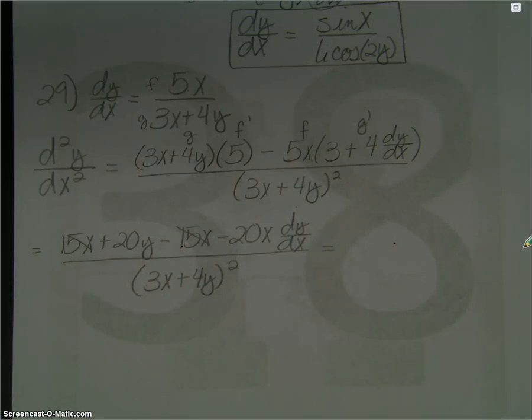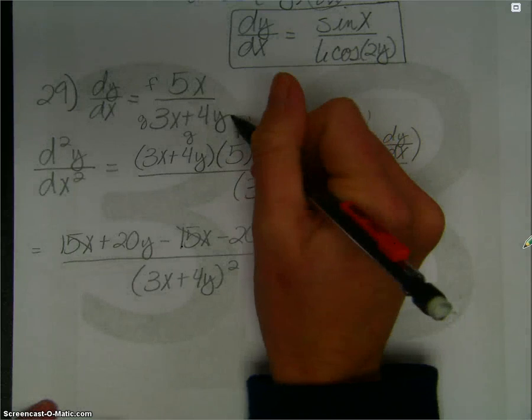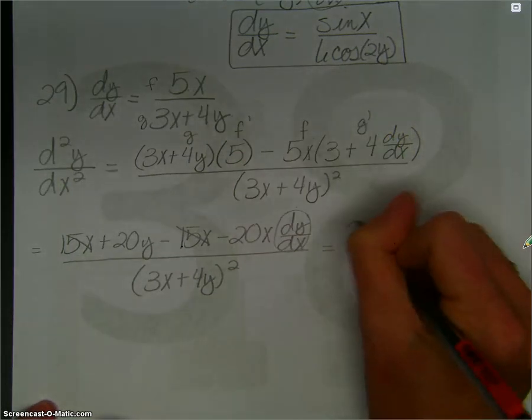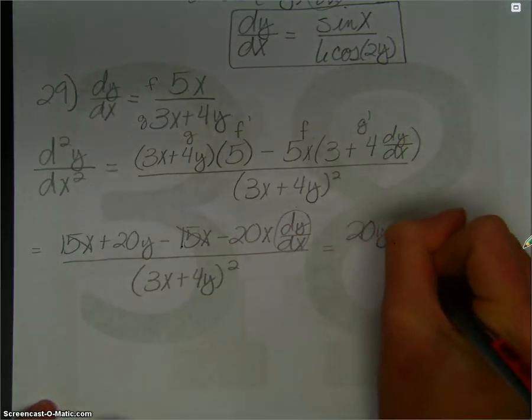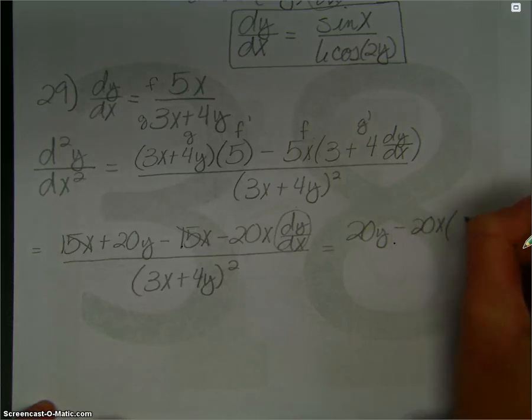And so now I'm also going to do one more thing. I'm going to replace this with what I know dy dx is equal to up here at the top. So I'm going to have 20y minus 20x times 5x over 3x plus 4y.